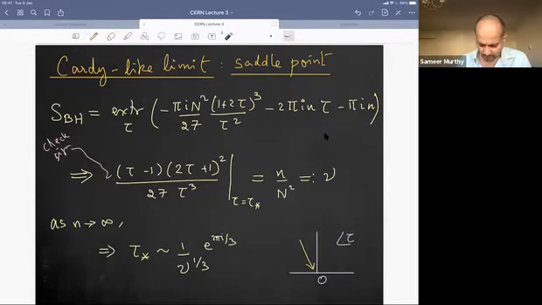So anyway, what you get is basically the numerator becomes 1 and the denominator is tau cubed. So the saddle point tau star is 1 over nu to the 1/3. I'm pretty sure there's a minus sign, because what you get is that tau star is the cube root of 1 over nu.